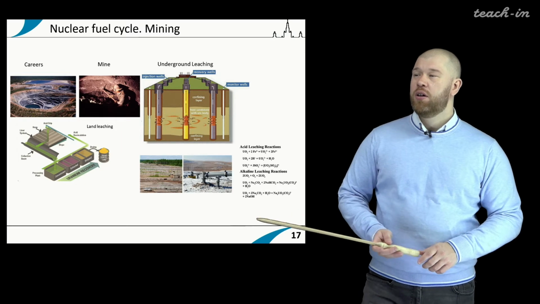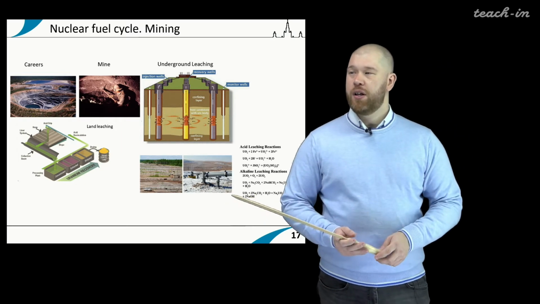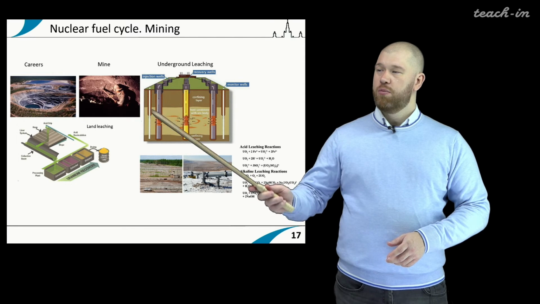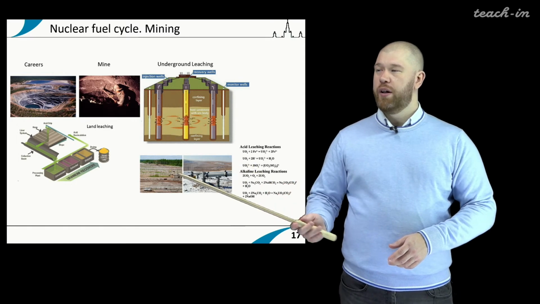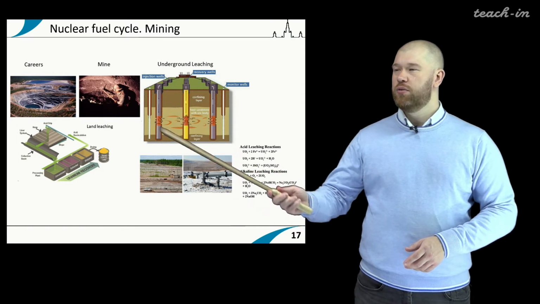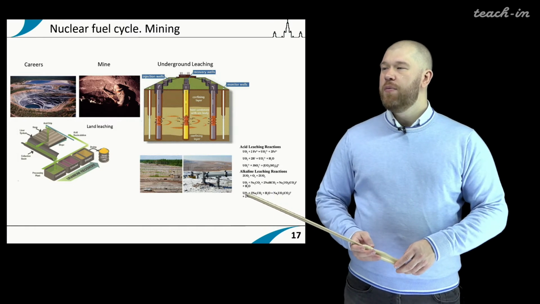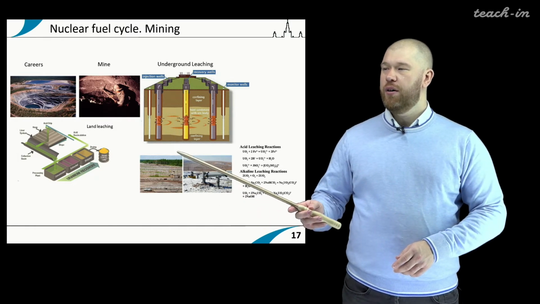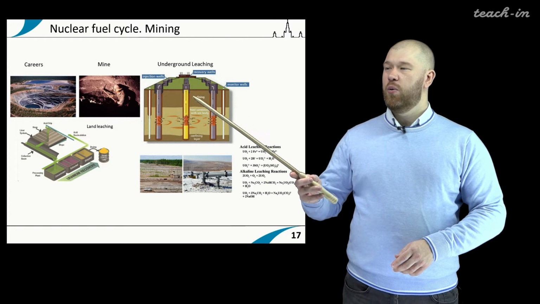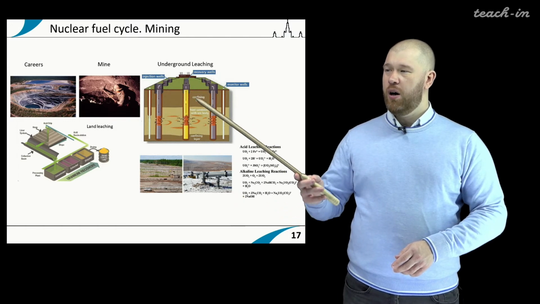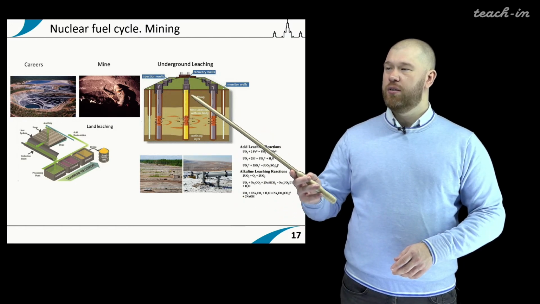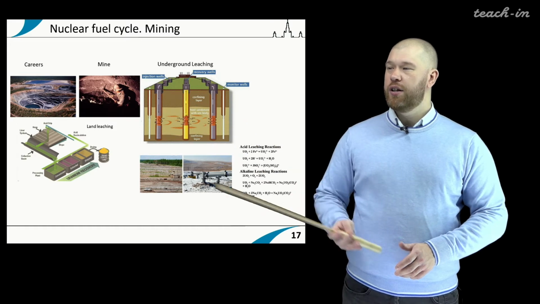For example, what is the underground leaching? We bury several wells that are called injection wells, and then we have wells where we pump out the solution containing uranium.